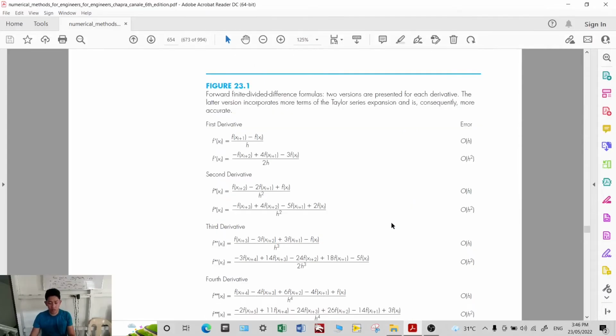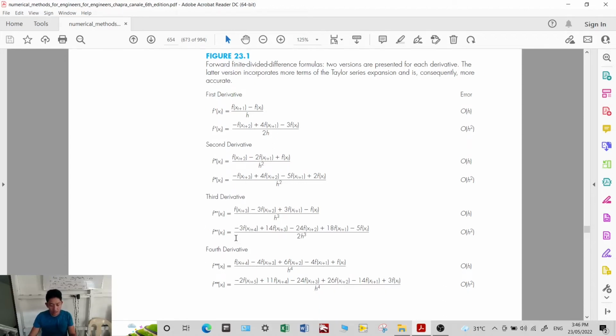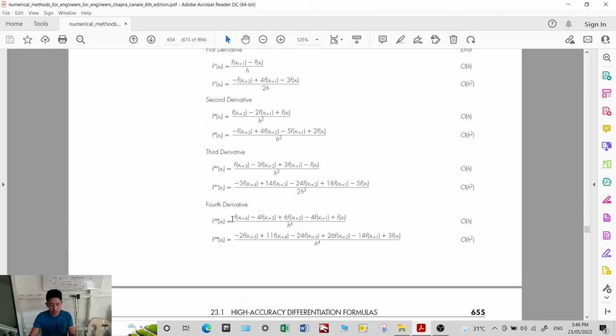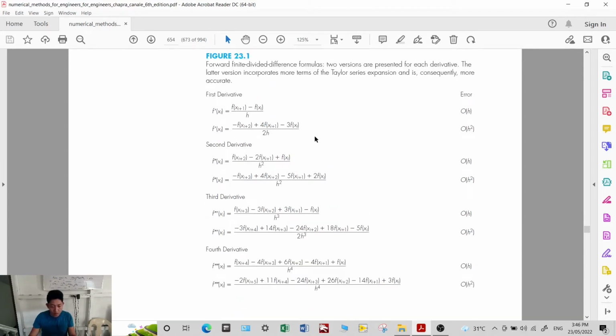For the complete list of derivatives, just refer to figure 23.1 in our reference book. You have here the first, second, third, and fourth derivatives.